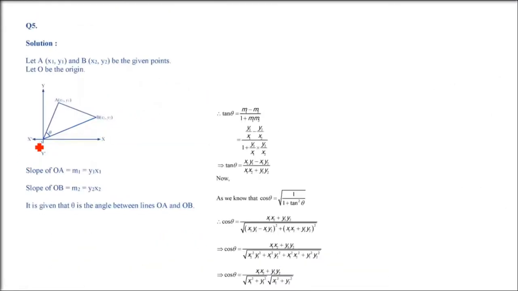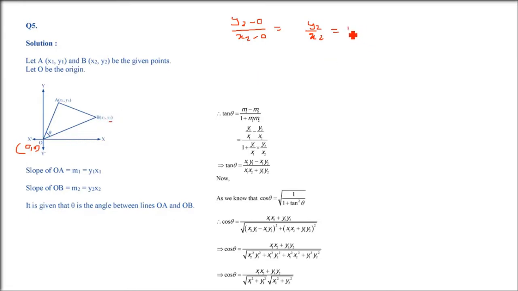For that, see here. This is the origin (0, 0). So what is the slope here? This is y2 minus 0 by x2 minus 0. So y2 by x2 it is, the slope of OB.